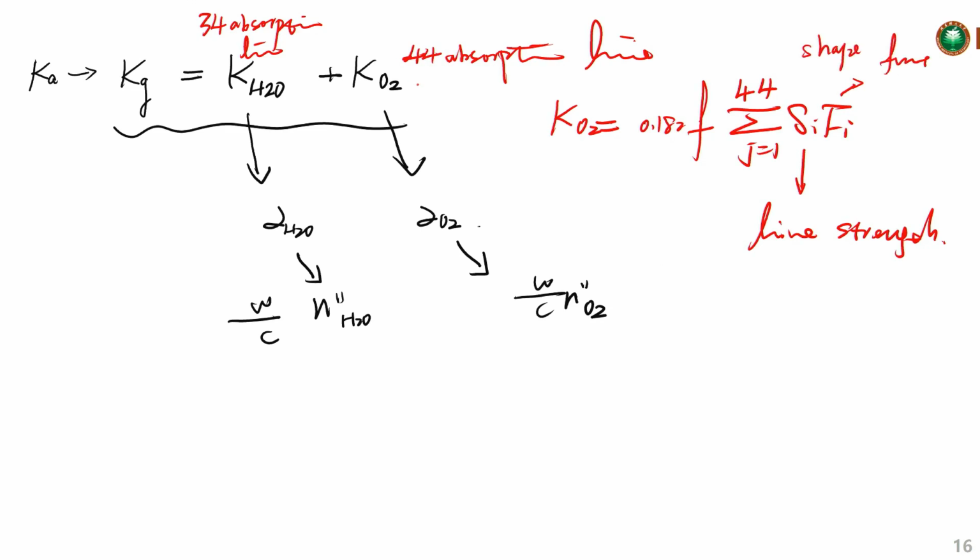We add these 44 absorption lines together, and we can get the absorption spectrum of the oxygen.